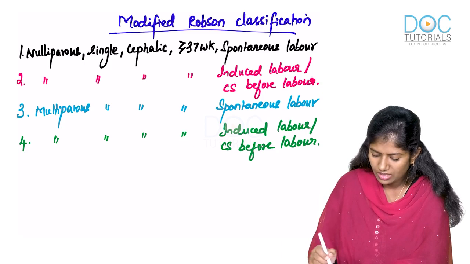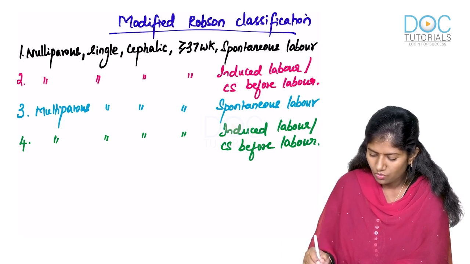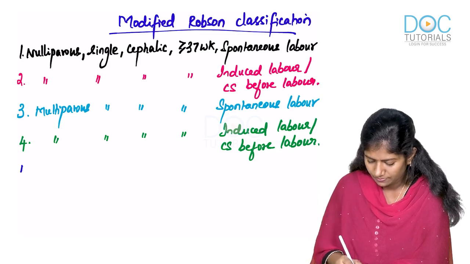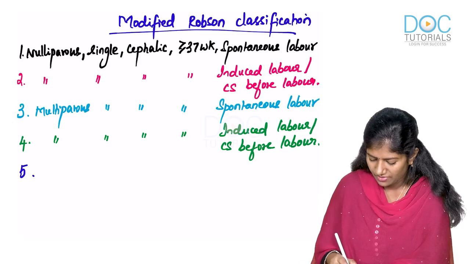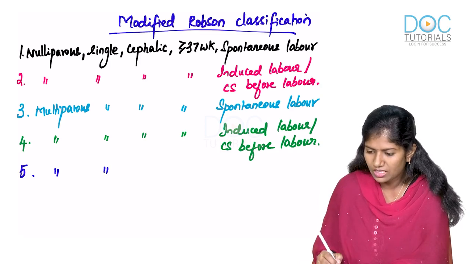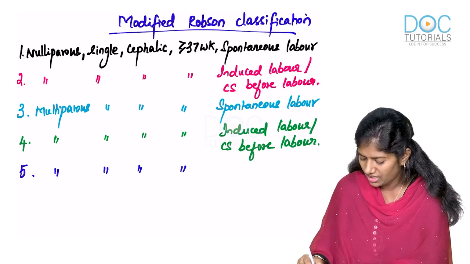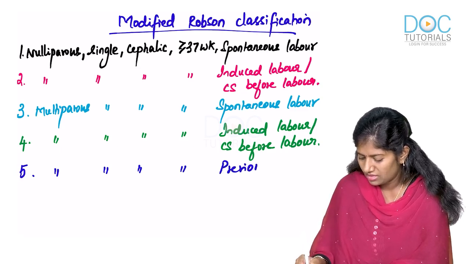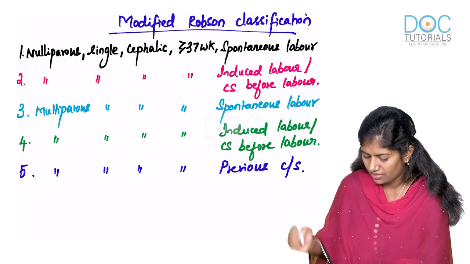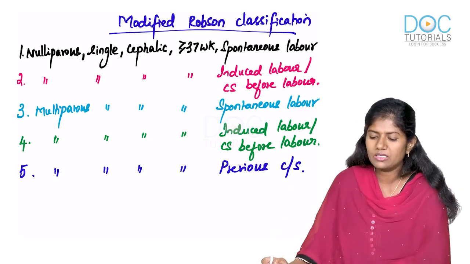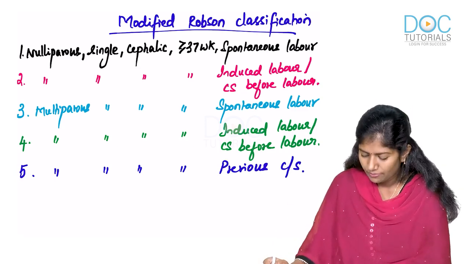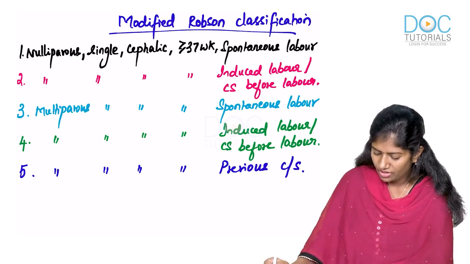Next is class 5. Okay, what is Robson class 5? Robson's class 5 is multiparous, single cephalic more than 37 weeks, previous cesarean section.